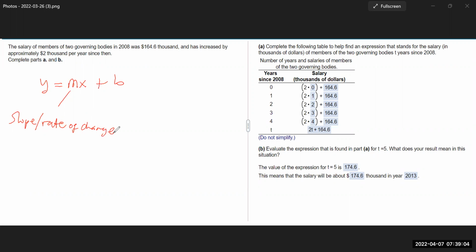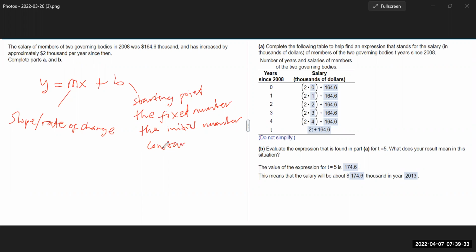And your b is the starting point, the fixed number, the initial number, or the constant.